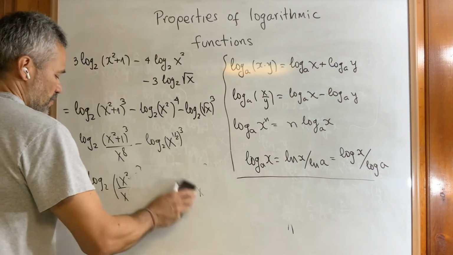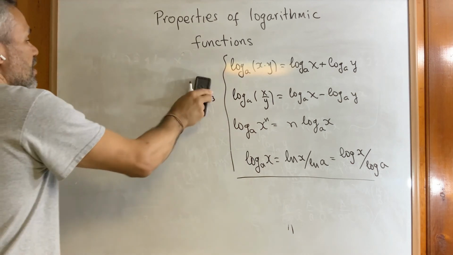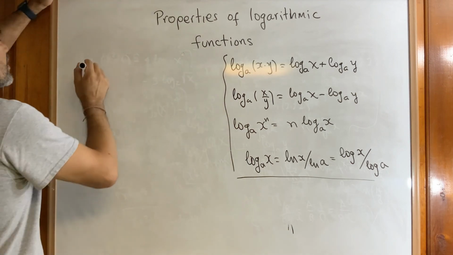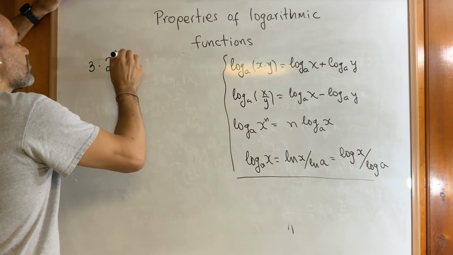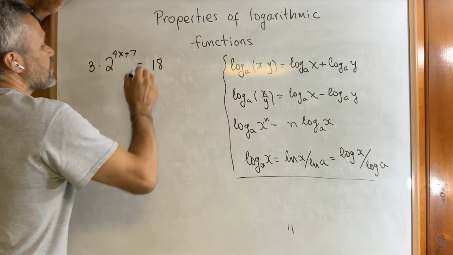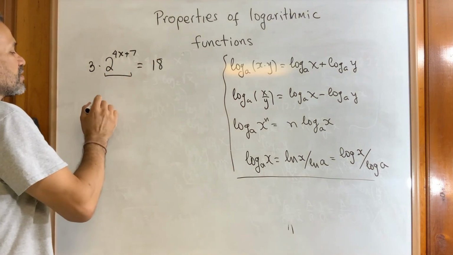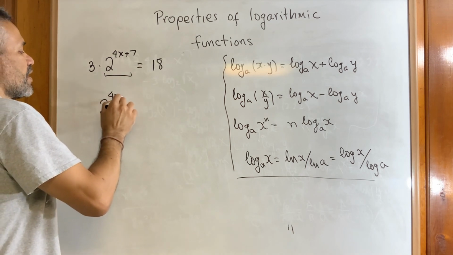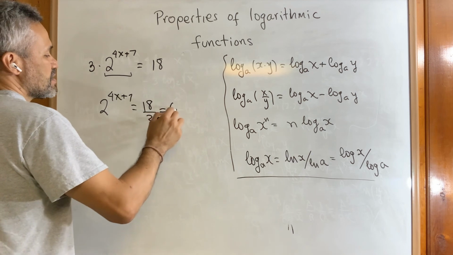Let's see how to solve one equation using this property. If you have something like 3 times 2 to the 4x plus 7 equal to 18, then we want to solve for the exponential part. Then we have 2 to the 4x plus 7 equal to 18 over 3, which is 6.